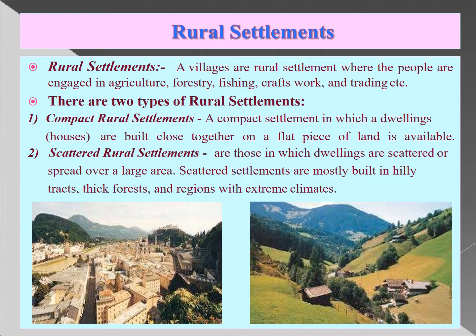And scattered, as the term itself tells, means the houses are spread over a very large area of land. Scattered settlements are mostly built in hilly tracts, thick forests and those regions which have extreme climates. So these are the two types of rural settlements.